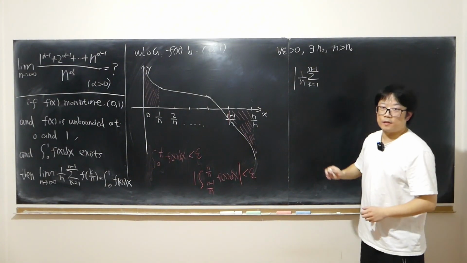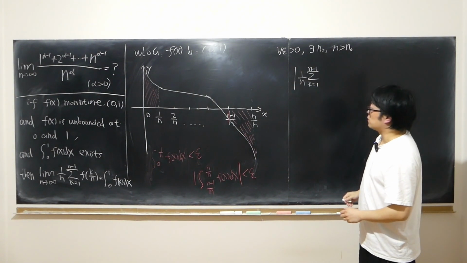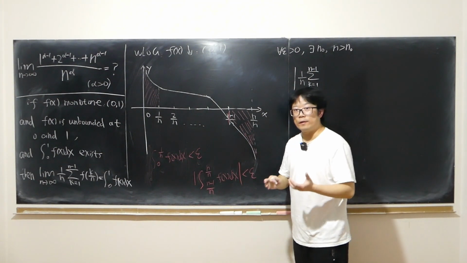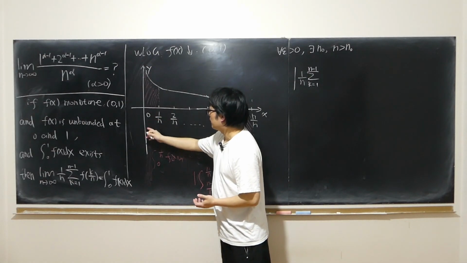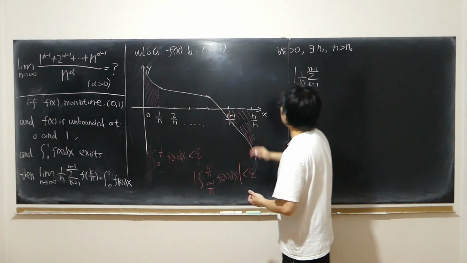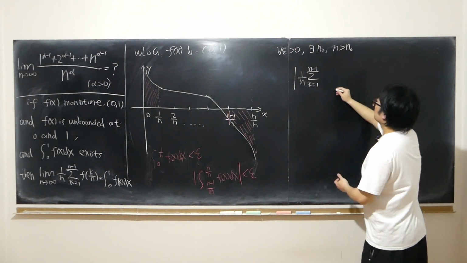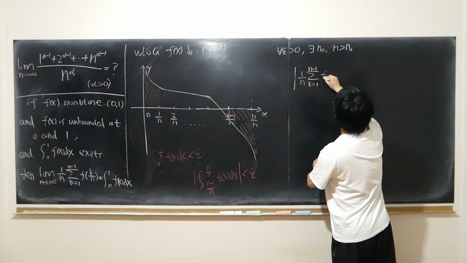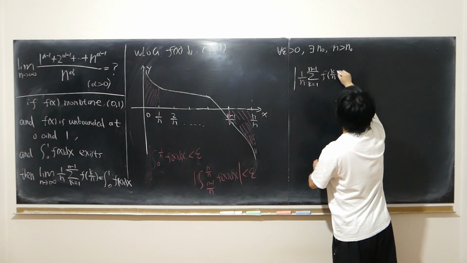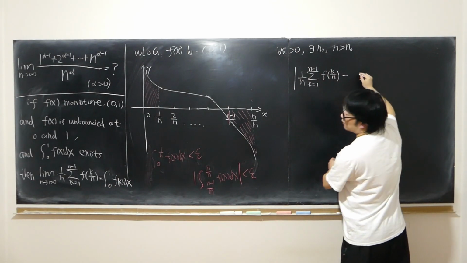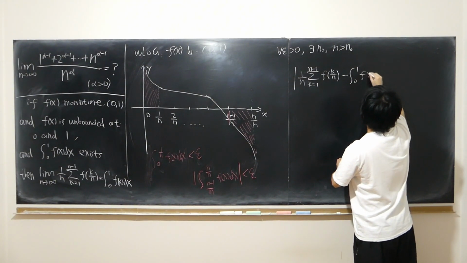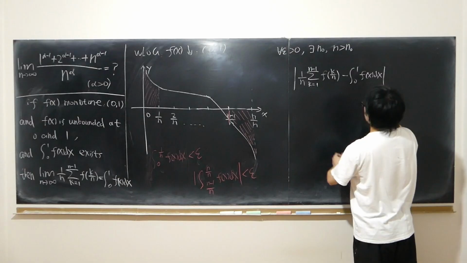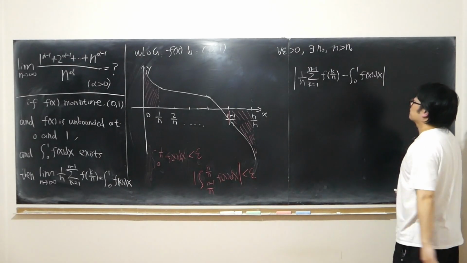We don't start from 0 and we don't end at n, because f of x doesn't even necessarily have to have a definition at 0 and 1. So f of k over n, minus the improper integral from 0 to 1 of f of x dx.